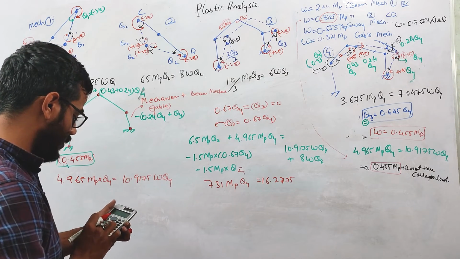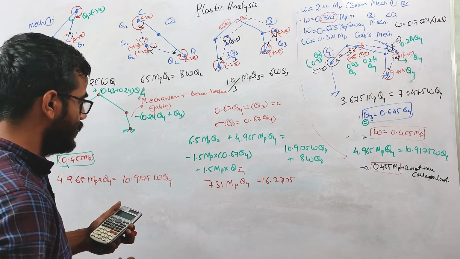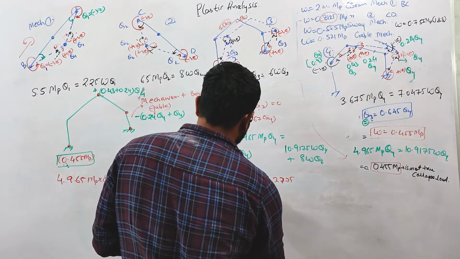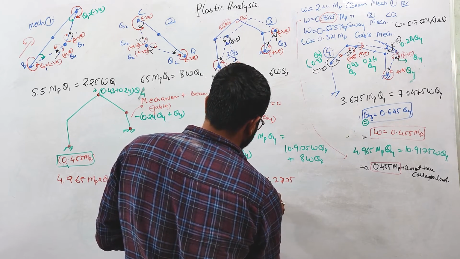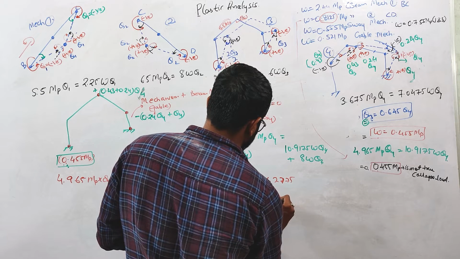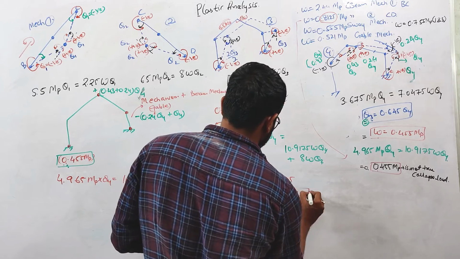So 7.31 MP equals 16.2775 W, and this comes out to be 0.449 MP equals W, right?